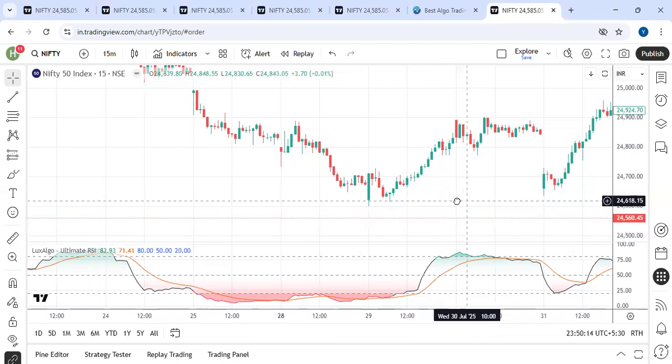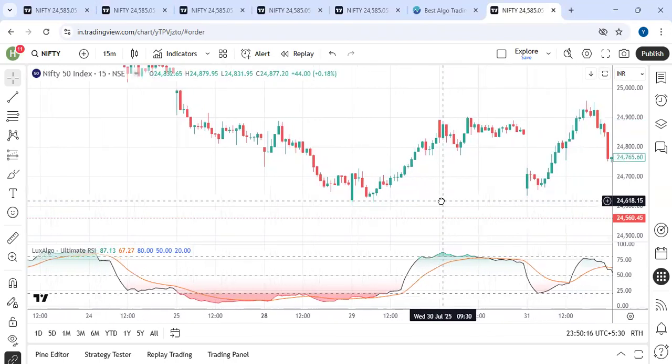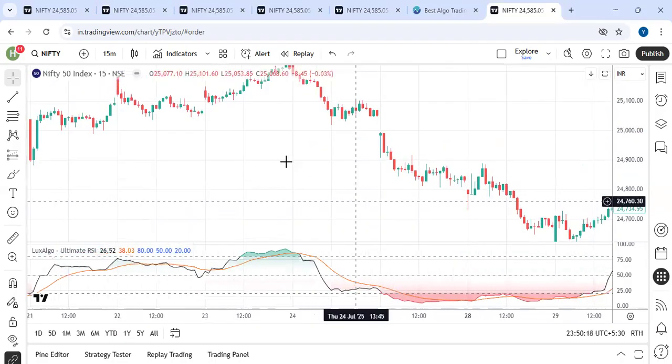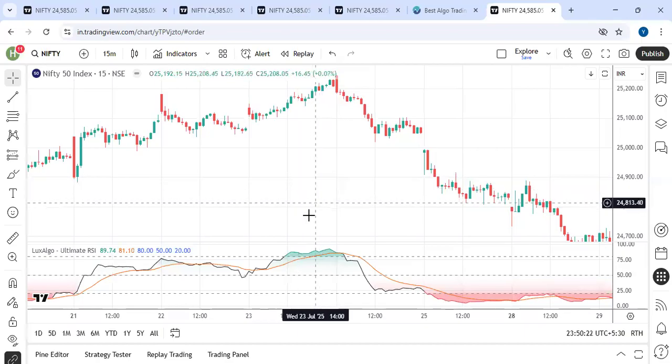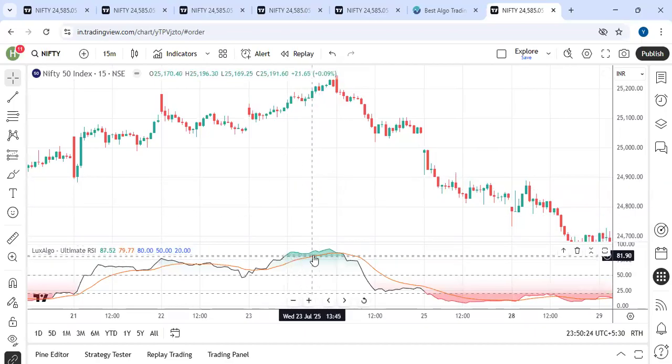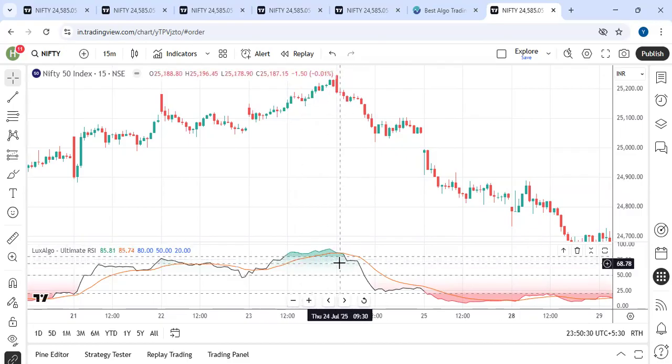Similarly on the other side. For the sell side, you want it to go above 80 and then calm down. The black line, you want it to come below 80.